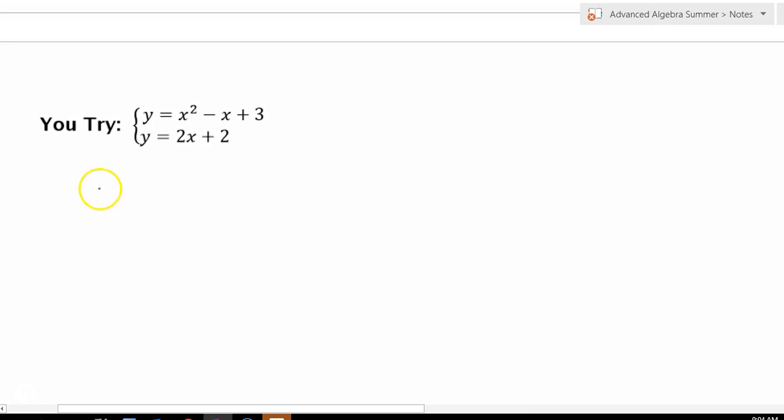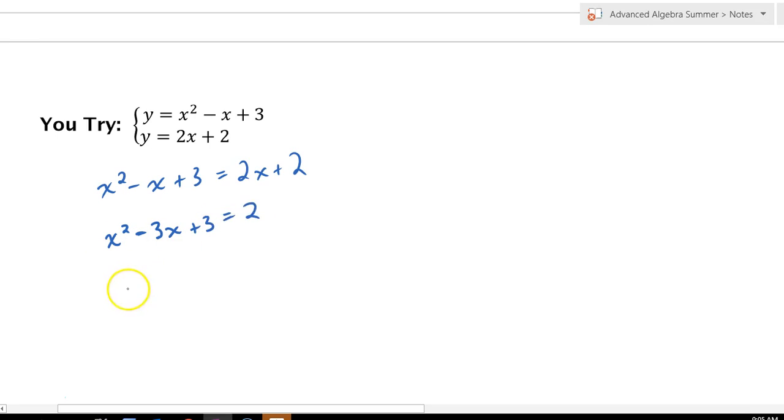Okay, so we have x squared minus x plus 3 is equal to 2x plus 2. I subtract 2x from both sides, giving me x squared minus 3x plus 3 is equal to 2. Subtracting 2 gives me x squared minus 3x plus 1 is equal to 0.